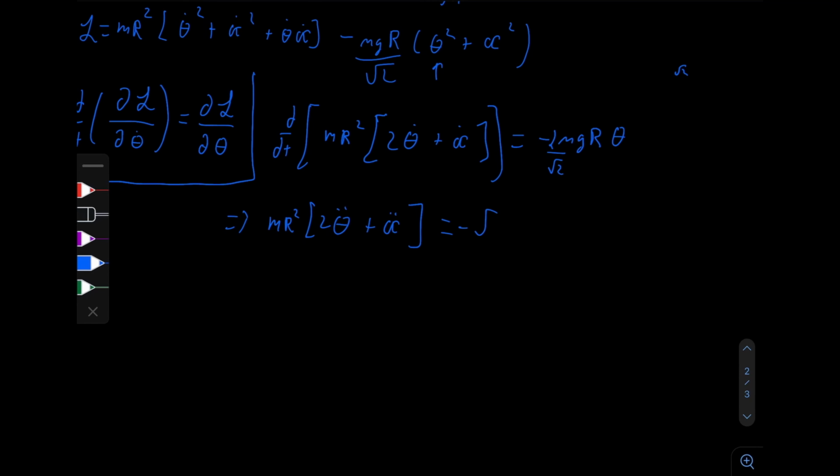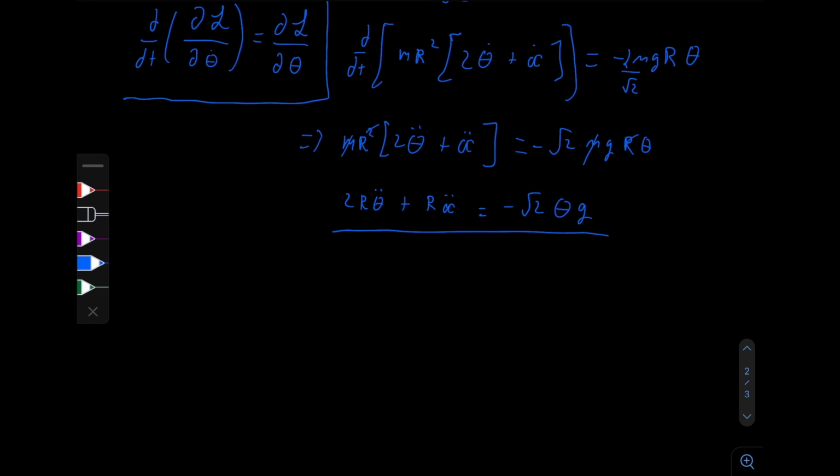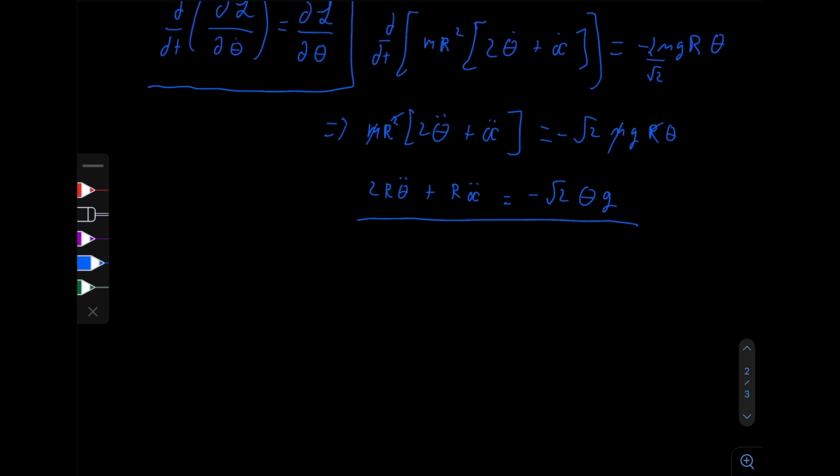So this is negative root 2 mg r theta. We can cancel the m's and one of the r's, so we can get, awesome, we got an equation of motion. Alright, next up.